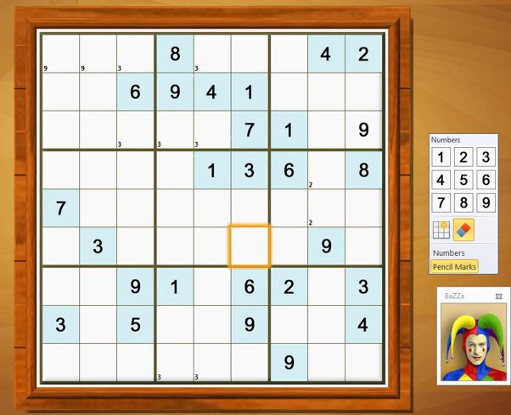9 comes across here. This 9 comes down here. This 9 comes up here. So this means that this here is the only square that doesn't have a 9 in it. That either row or column does not have a 9 in it.